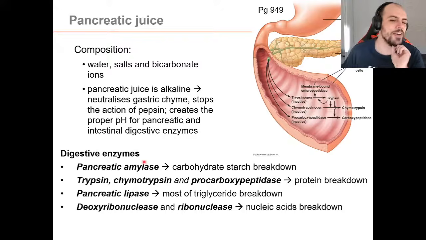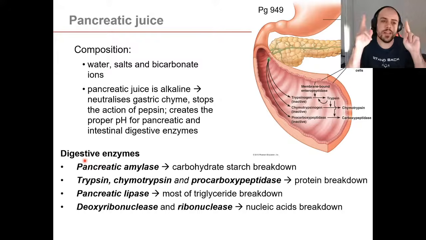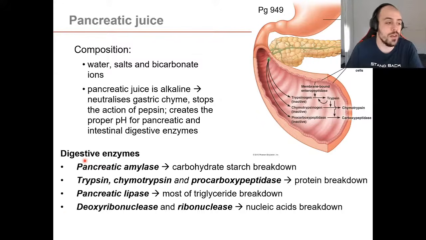We should definitely know this one, okay? Carbohydrates are made up of sugars. So what is happening here with this pancreatic amylase is that it is taking a carbohydrate and chopping it up into individual sugars. So I want all of you, make sure you write that down. You will definitely need to know that one.